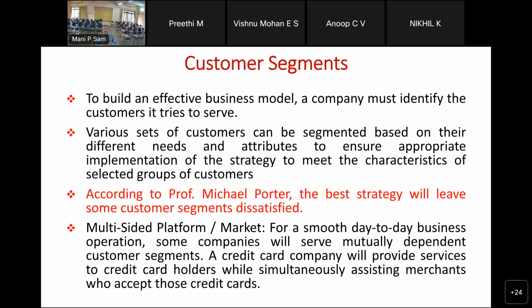And in fact, the defaulting customers are the ones who pay for everybody else. It's a fact, but this is how the multi-sided platforms and markets work. Revenue is obtained from some segments, value creation for many segments, all that is possible in a multi-sided platform as well.